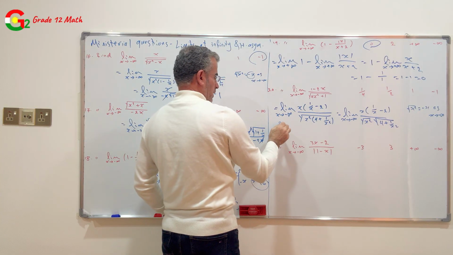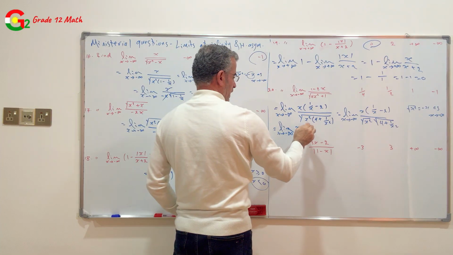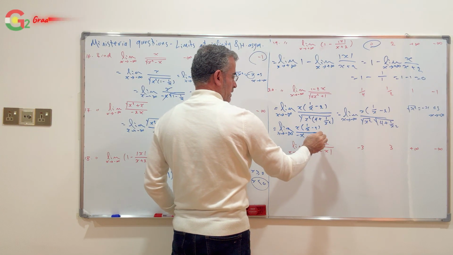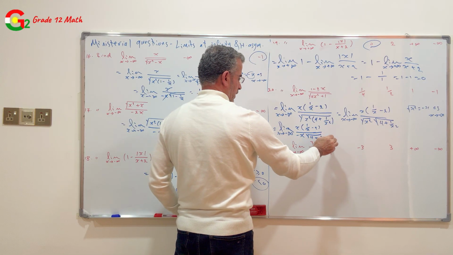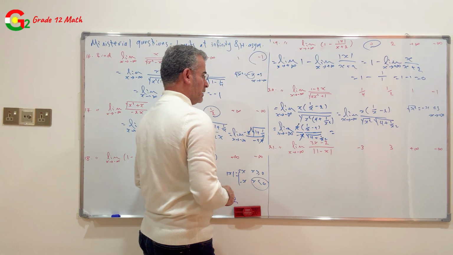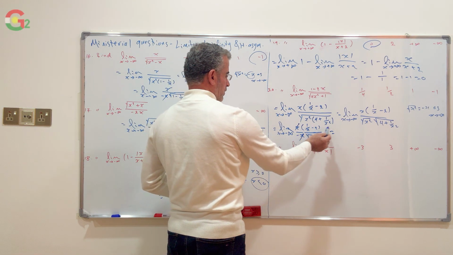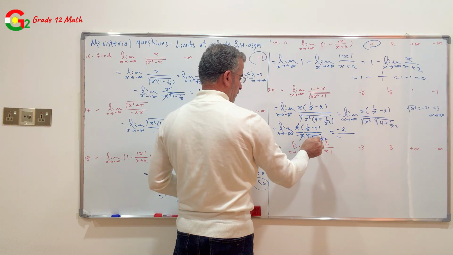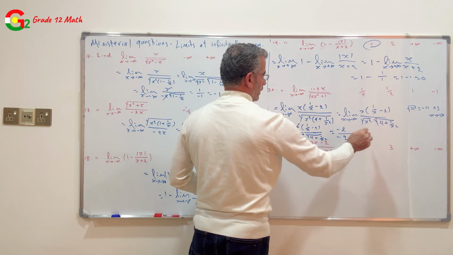Therefore, it will be the limit as x approaches negative infinity of x times 1 over x minus 2 over negative x times the square root of 4 plus 1 over x². Reduce x with x, substitute every x with negative infinity, then 1 over negative infinity is 0, 0 minus 2 is negative 2, over negative square root of 4, which is 2, so negative 2 over negative 2 equals 1.